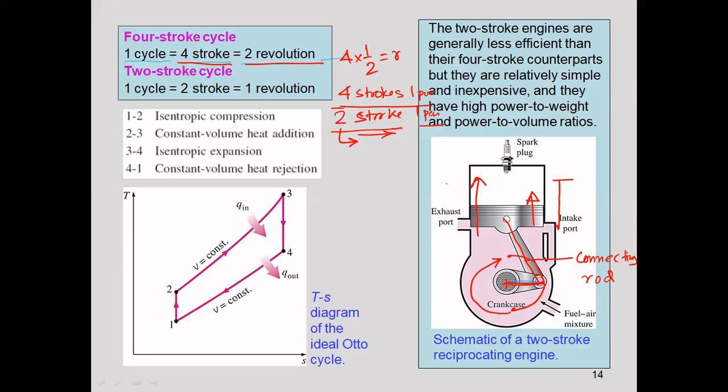But in a four-stroke cycle, the stroke length is almost equal to the distance between TDC and BDC. So in case of two-stroke, it is not exactly double. There are differences, and we will study them during the discussion of IC engines and gas turbines.